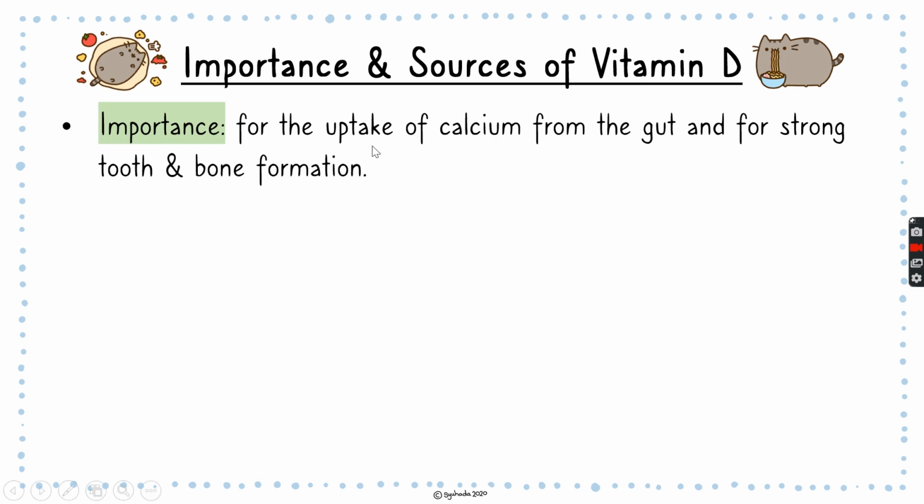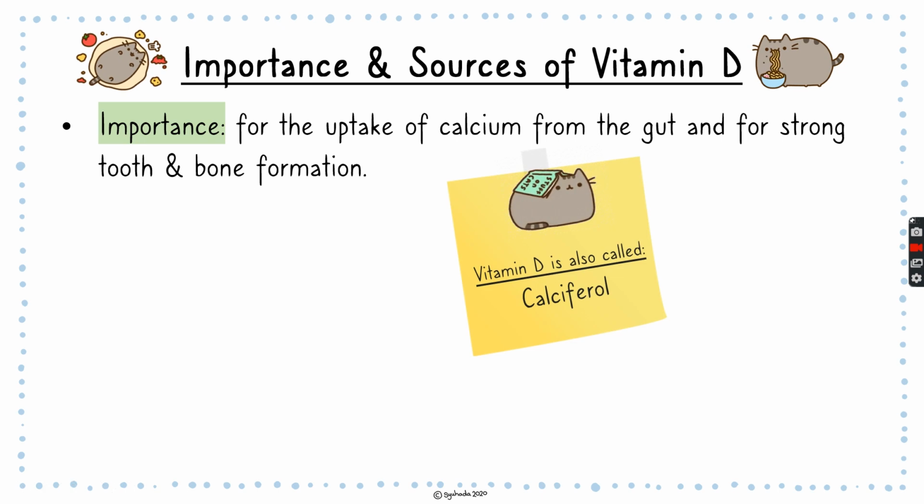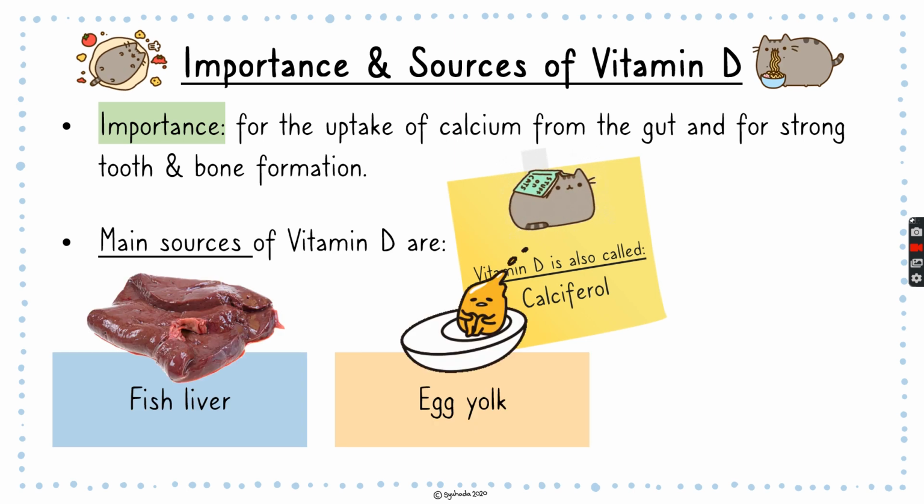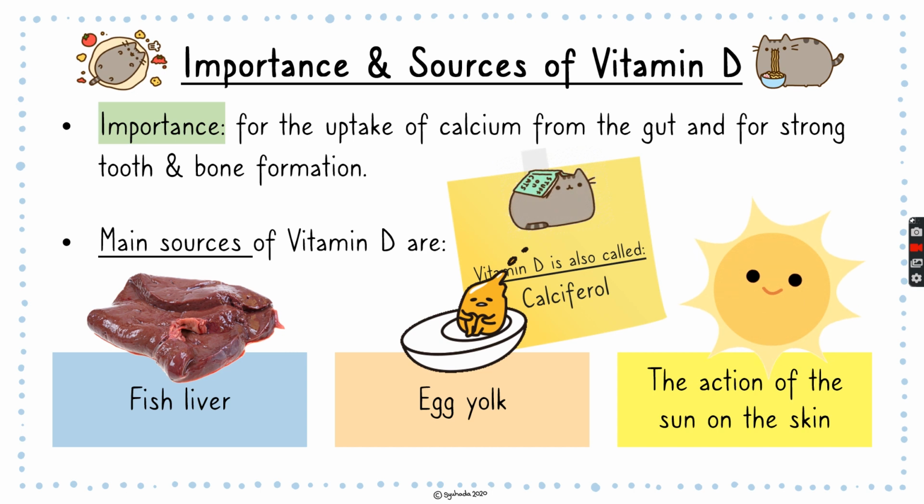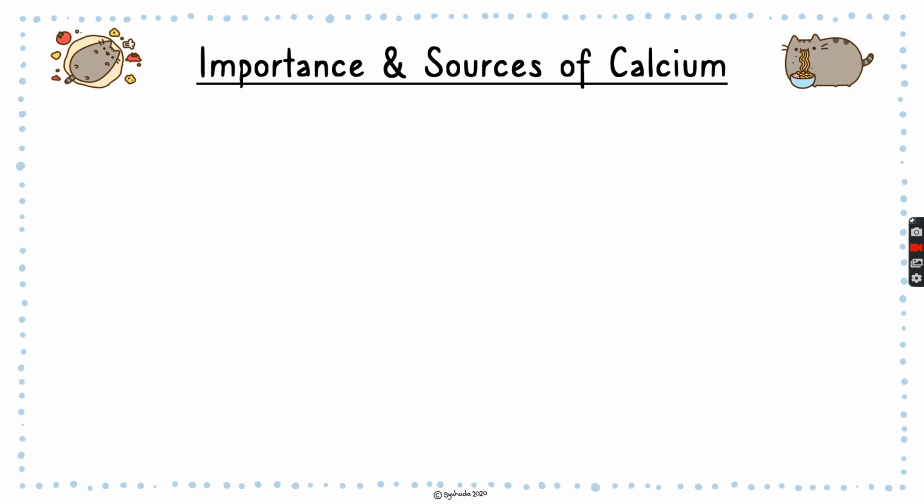It is used to uptake calcium from the gut for strong bone and teeth formation. Vitamin D is also called calciferol. Main sources of vitamin D are fresh liver, egg yolk, and the action of sun on the skin.